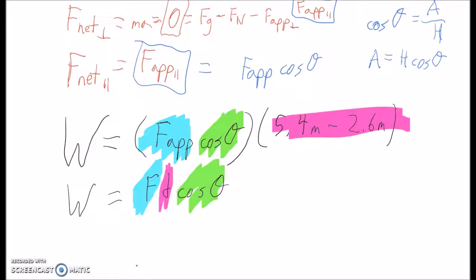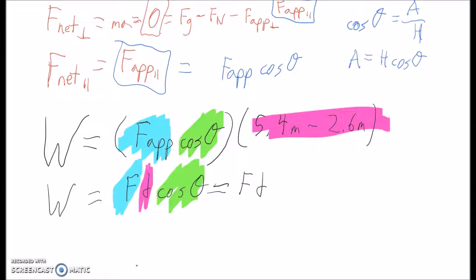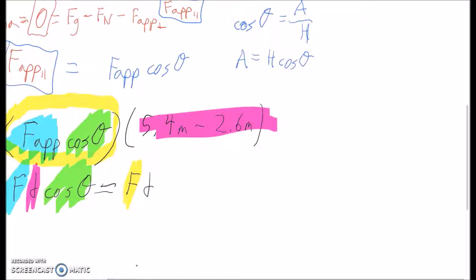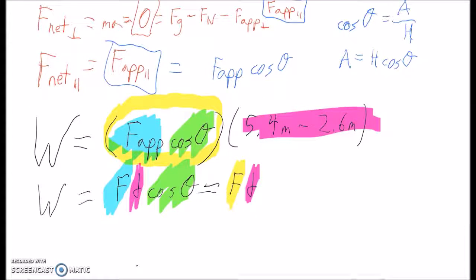Or, if you want to think about it in a different way, FD, we can say that F is equal to the entire thing in here, and D is still equal to the pink part. So you can think about it however you want, but this is now our equation.